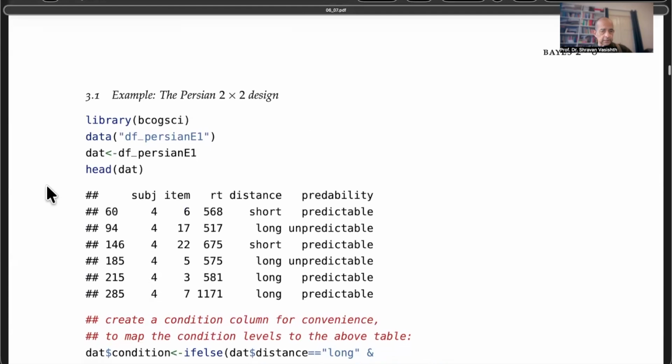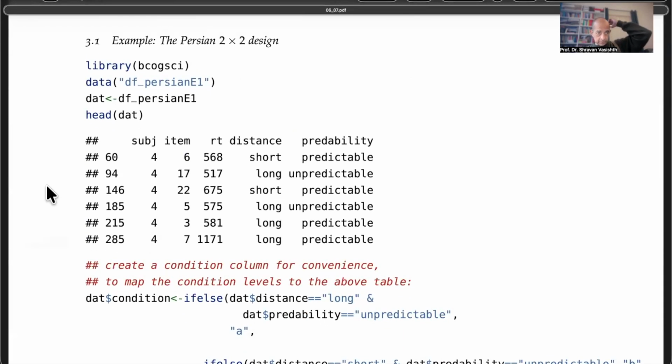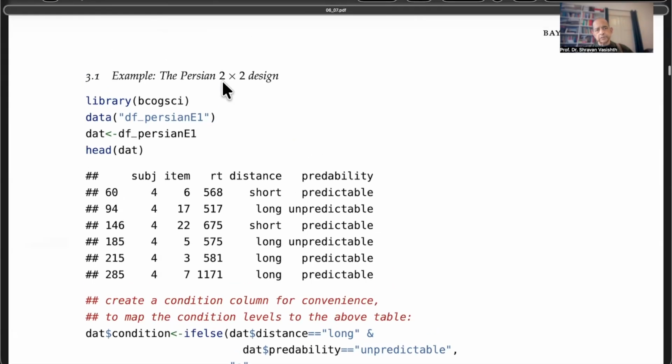So to give you an example now, how does this work? We have this data set. It's a 2x2 factorial design, and I think I have shown this data set before, but if I haven't, it doesn't matter.